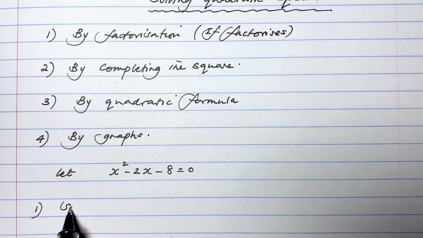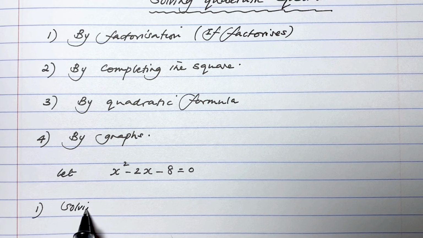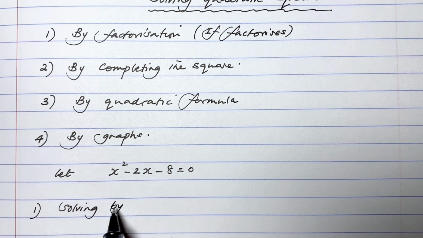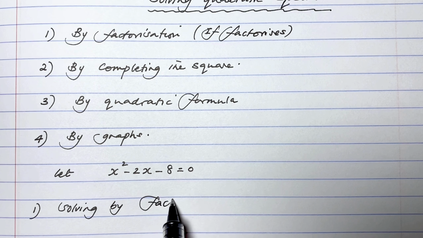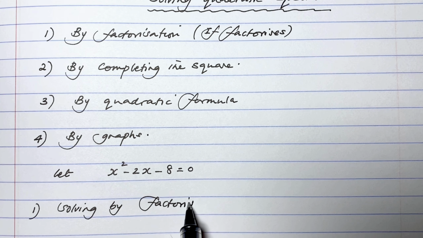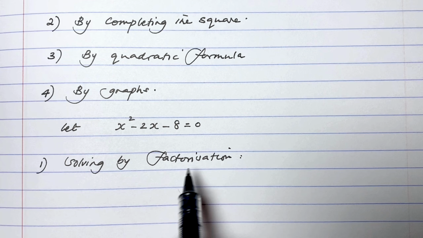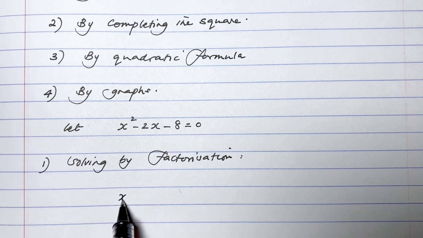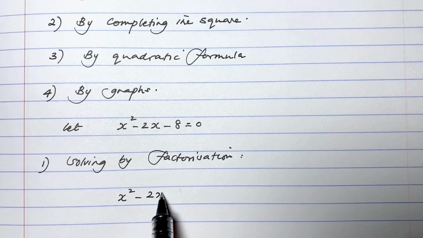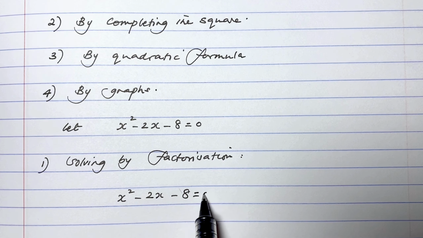So, solving by factorization. Our equation is x squared minus 2x minus 8 equals 0.